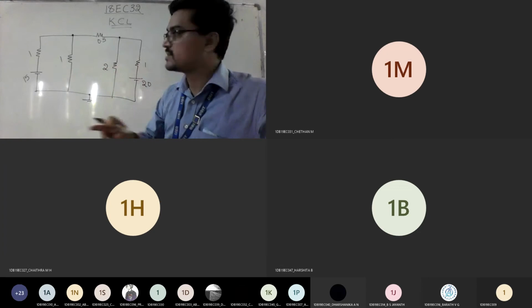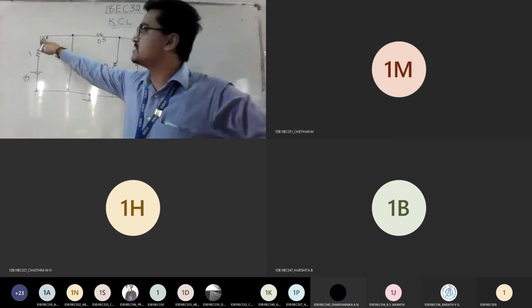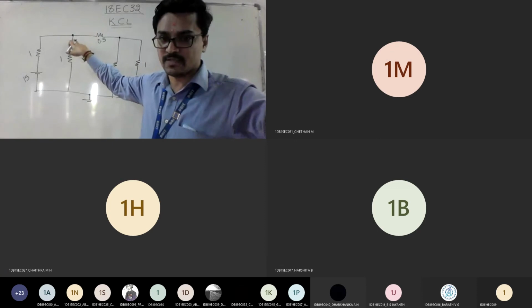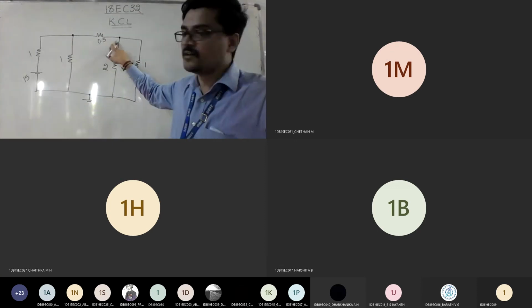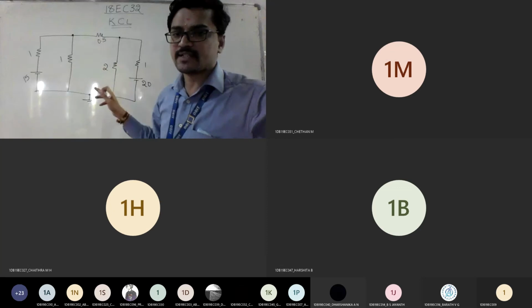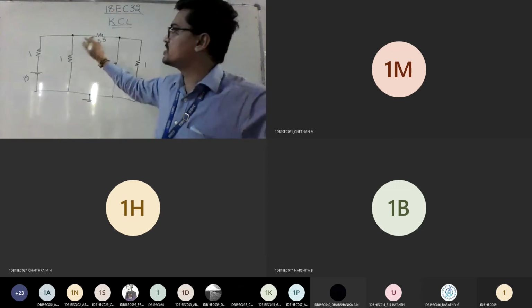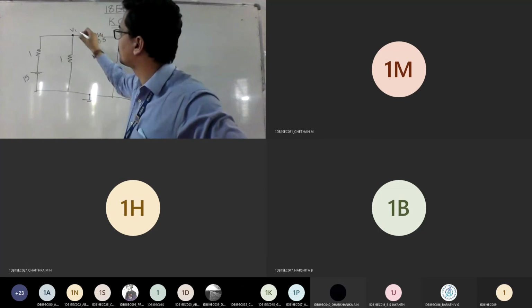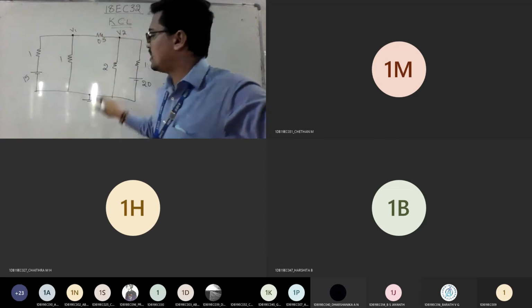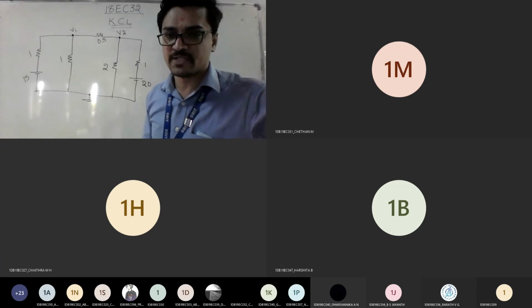Node is different from principal node. I can take this also as a node, but it is a waste, right? Principal node means this connection, so it should be similar. Similarly here, 1, 2, and I can mark this as 3. Out of these 3, which has more branch connections? If I mark this as V1, this as V2, and this V3 becomes ground, so it is not required. Anyhow, V3 becomes 0.